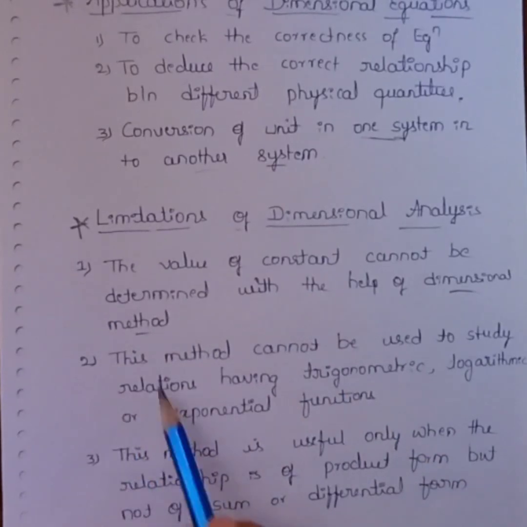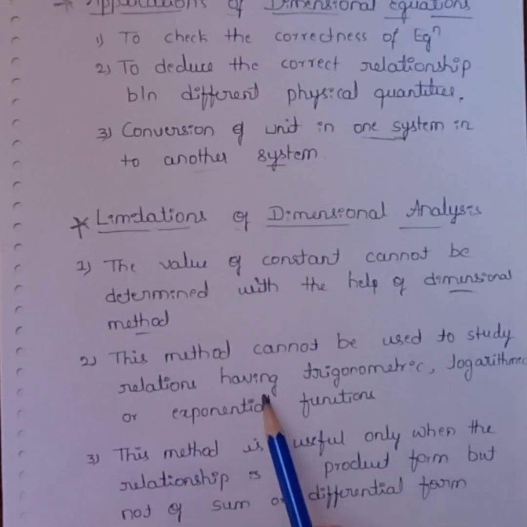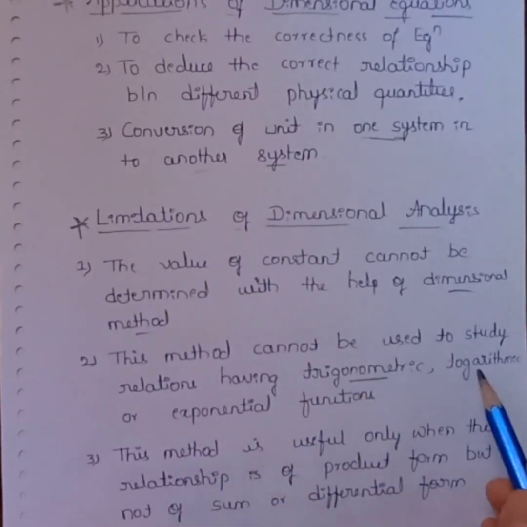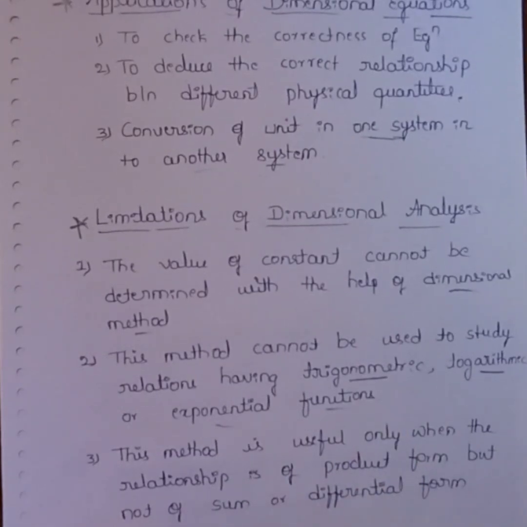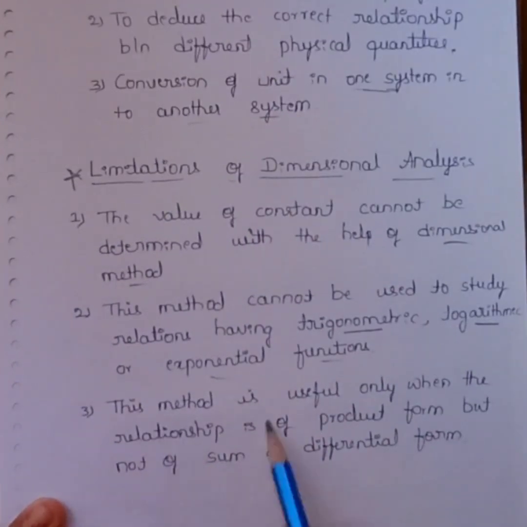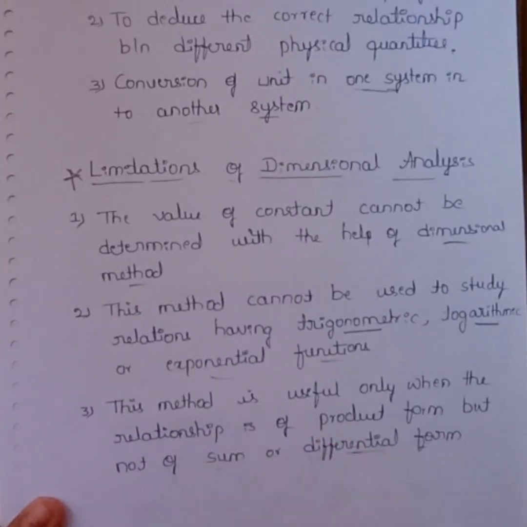Second point, this method cannot be used to study relations having trigonometric, logarithmic or exponential functions. Third point is this method is useful only when the relationship is of product form, but not sum or difference form. These are the 3 limitations and applications of dimensional equations.